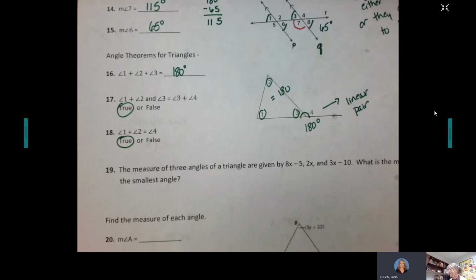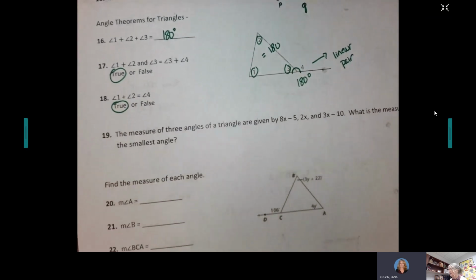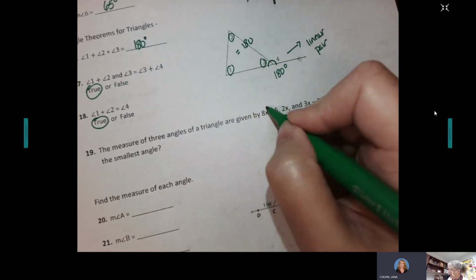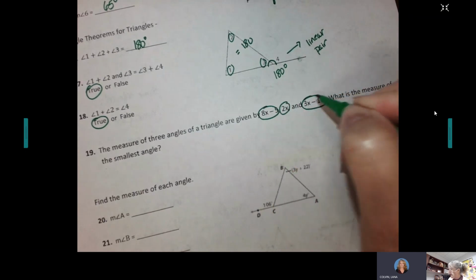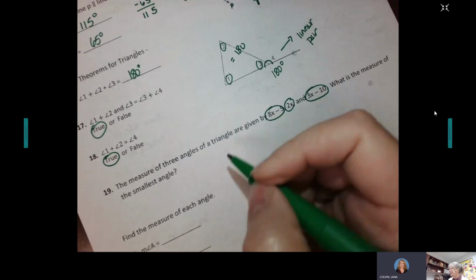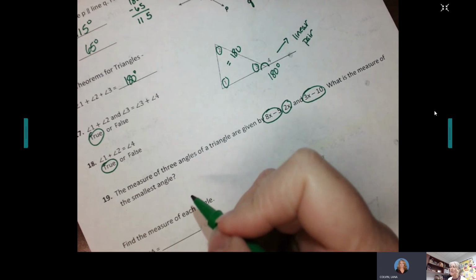All right. Number 19, we've already done one like it. So there's my 3 angles. Tomorrow, tell me how to set it up in my calculator. They all have to equal 180 added together. So how do I set it up?